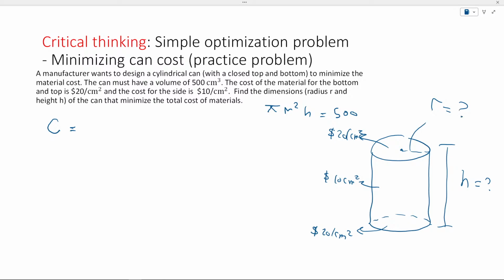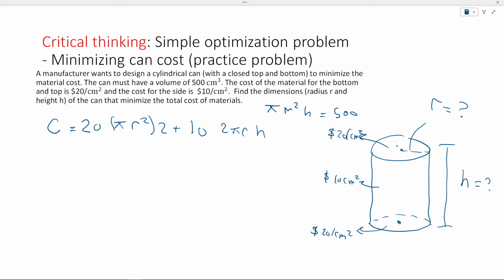But we know the total cost. The total cost is 20 times pi r square, and we have two of these, one on the bottom and one on the top, plus 10 times 2 pi r h, and we only have one of it.